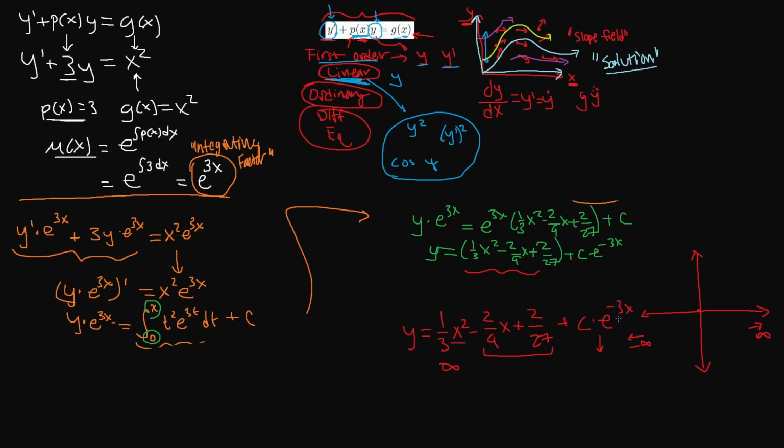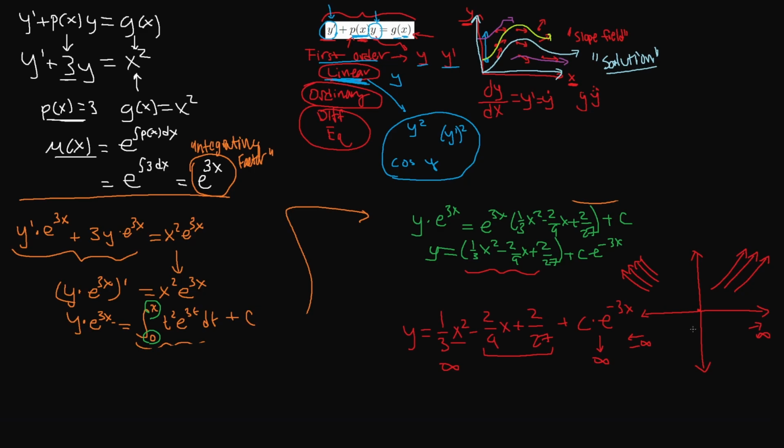That's the same as e to the infinity, and that's also infinity. So as x goes to negative infinity, y is also going to go to positive infinity. So at the very ends of our graph, all of our solutions are going to be going up.